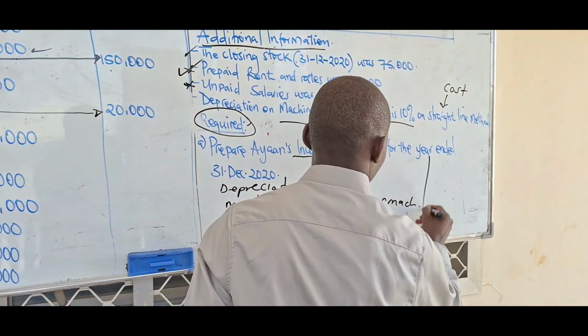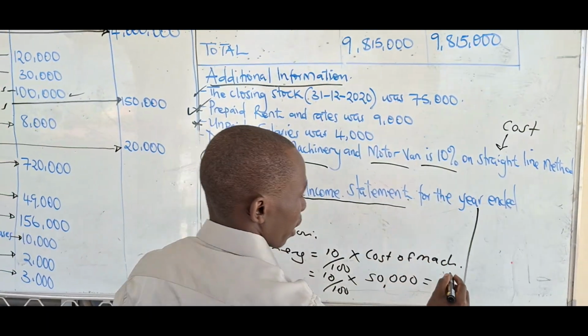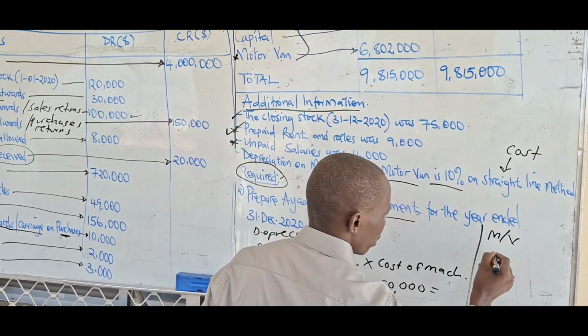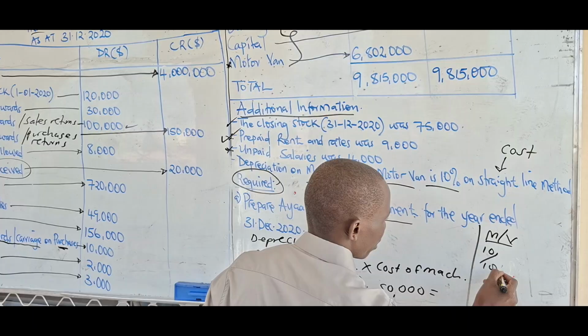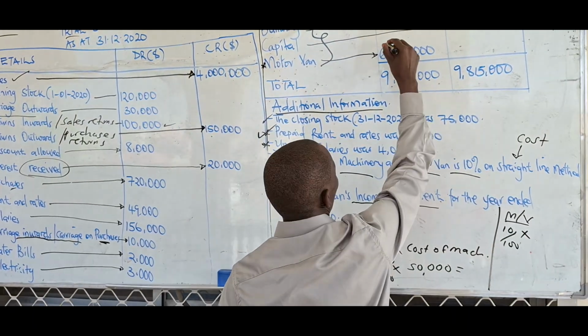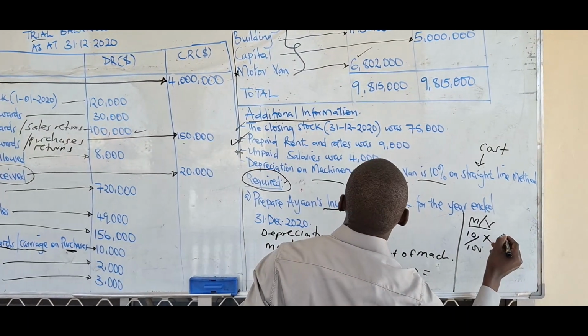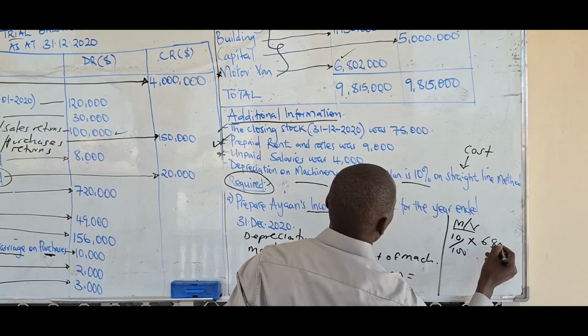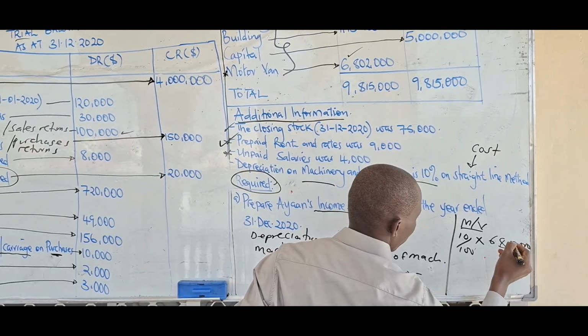Motor van, still it is 10. Motor van, it's going to be 10 over 100 times this cost of motor van, which is 6,802,000.